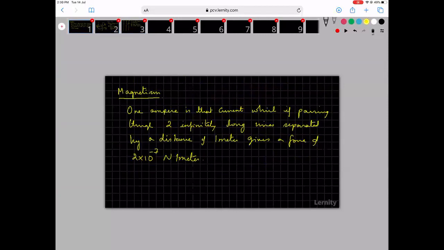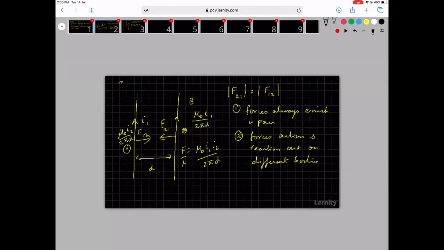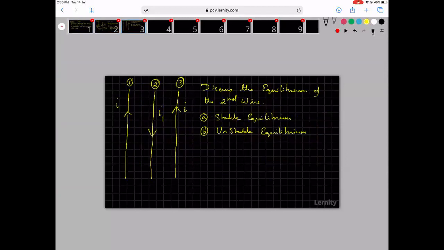This is slide 1. This is slide 2. This is slide 3. Discuss the equilibrium of the second wire. Is it stable or unstable? Obviously, you will have to prove it.